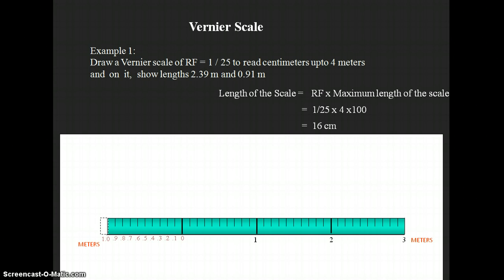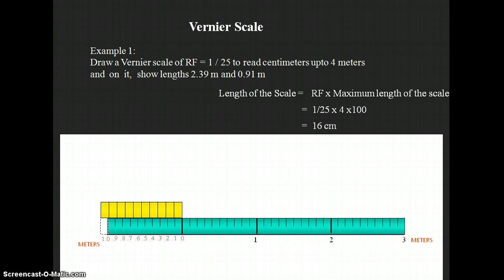Next, take an additional division to the left side of the Vernier scale rectangle, and take another rectangle above that and divide it into 10 equal parts. So here each division represents 0.11 meters.